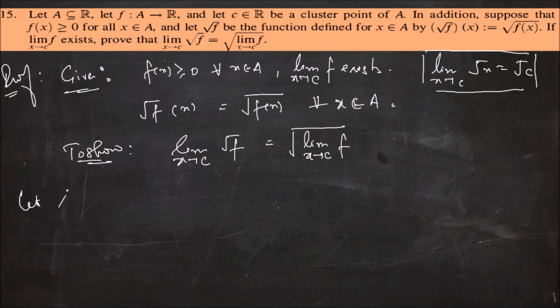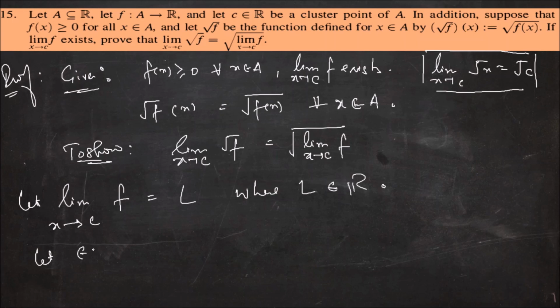So because it is given that limit x tends to c f exists, we will assume that it is equal to some number L, where L is some real number. So this we have assumed. We have to show limit x tends to c root f is equal to root of limit x tends to c f. So for this, we will take any arbitrary epsilon.